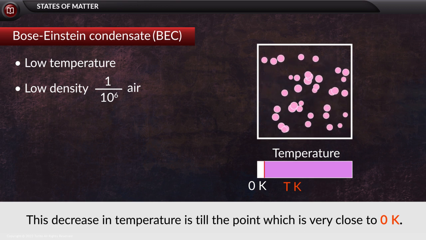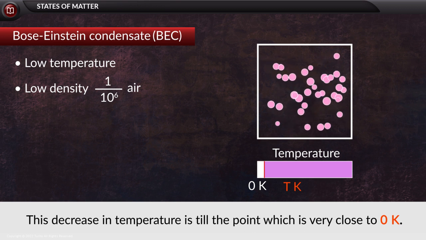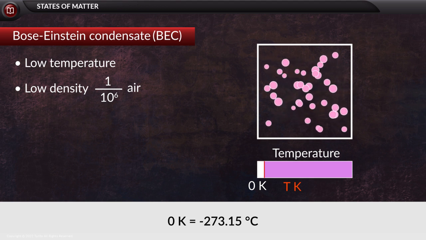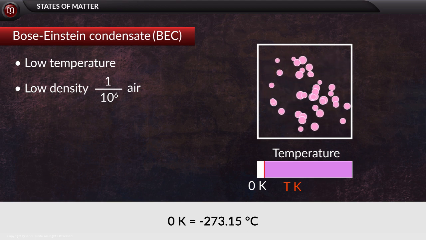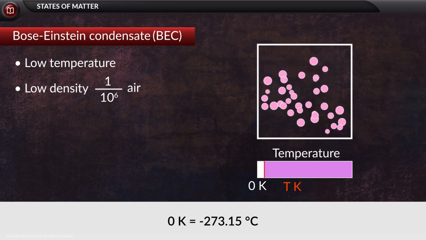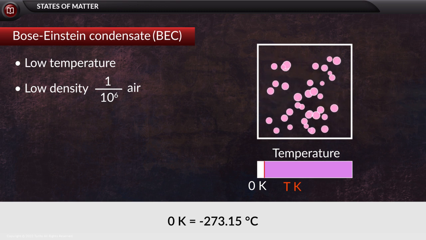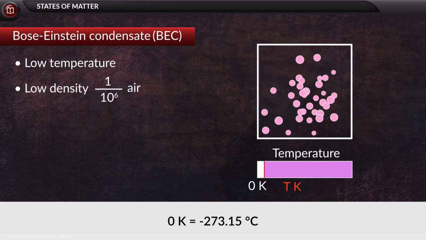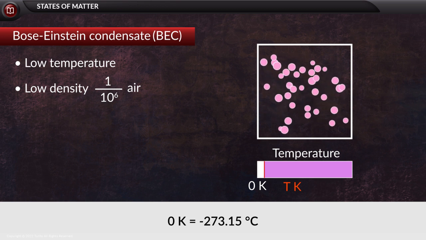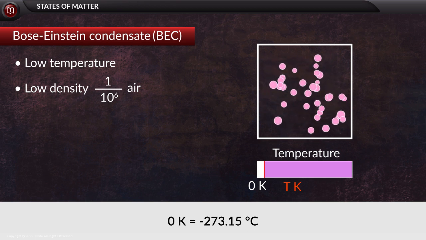Wait. What is 0 Kelvin? 0 Kelvin is minus 273.15 degrees Celsius. So, it is a very low temperature. Correct. Now what will happen over here is that the gas will be condensed. Because of that, its fluidity again changes.